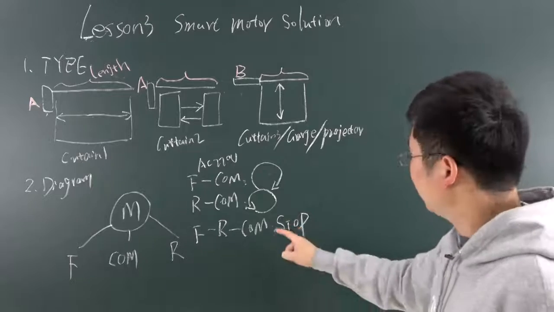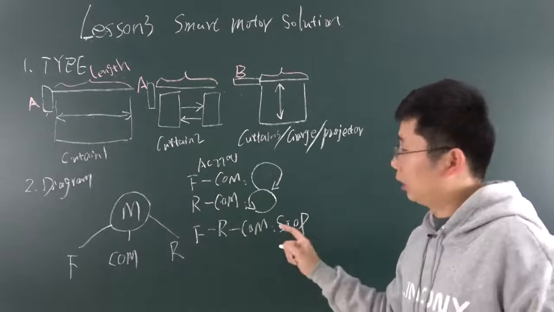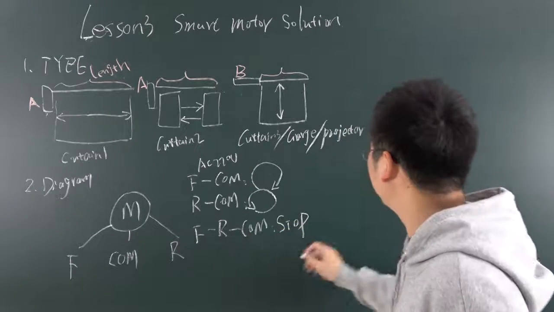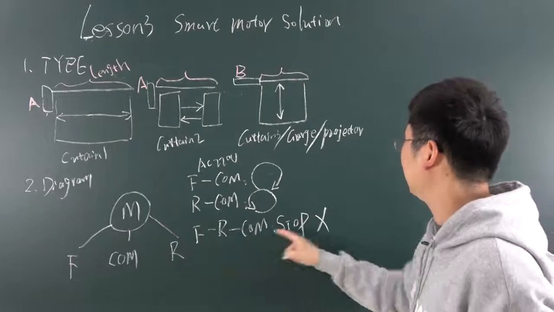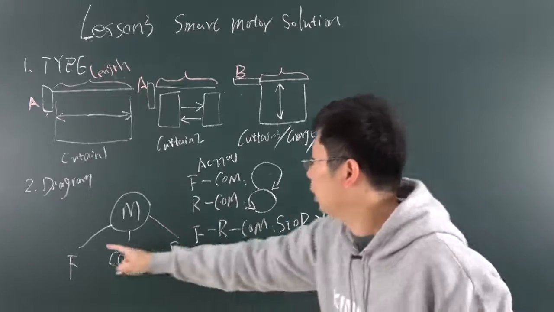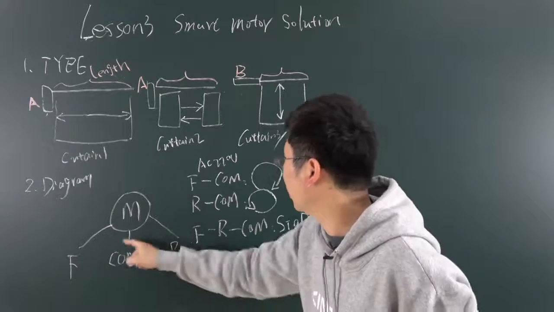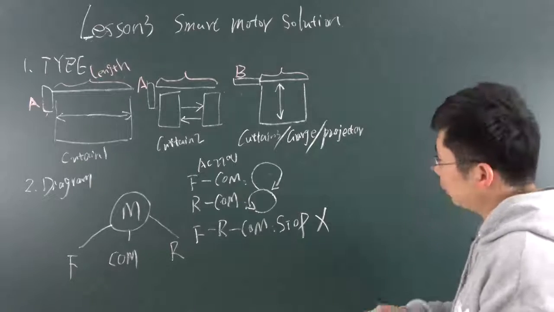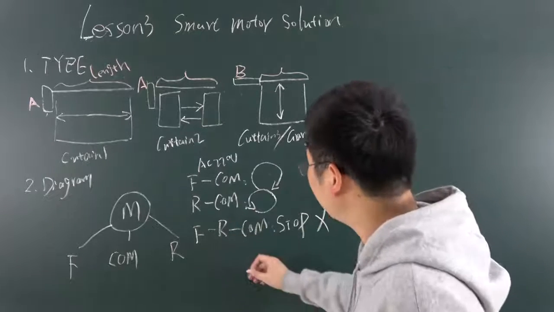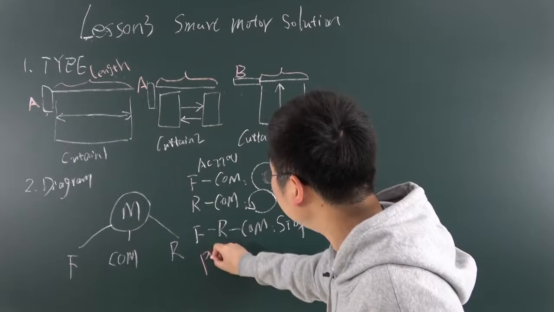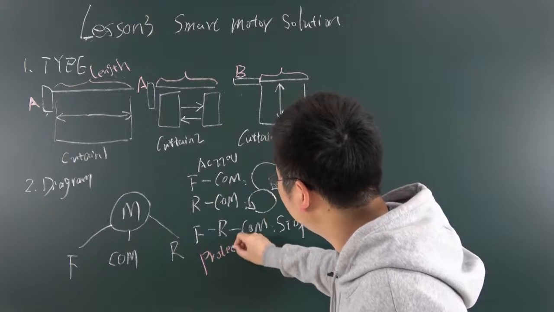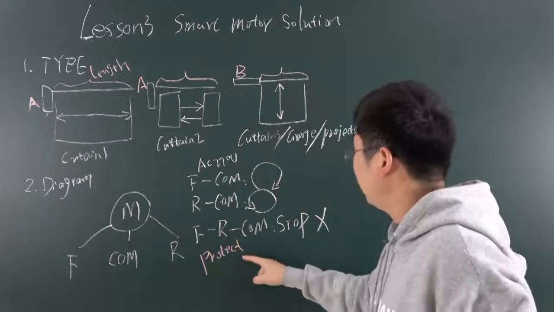This is not to become this situation. This is wrong. Can't give the power at this point and this point, because this is dangerous. Some motors have a protect circuit.